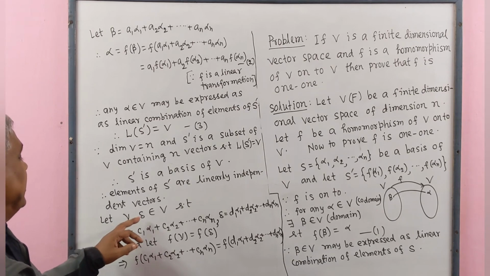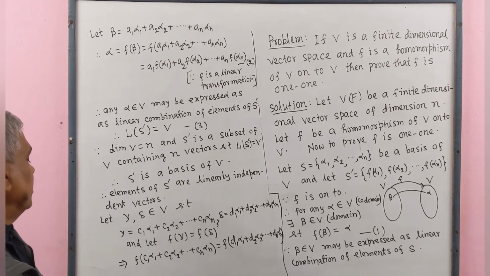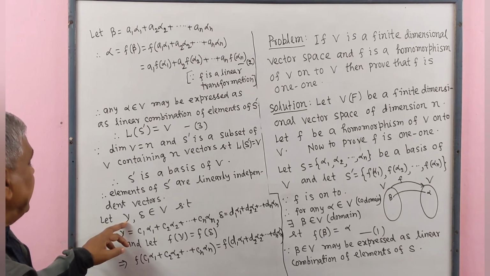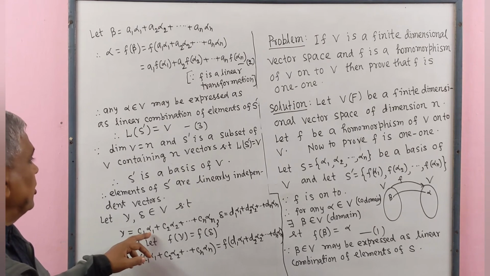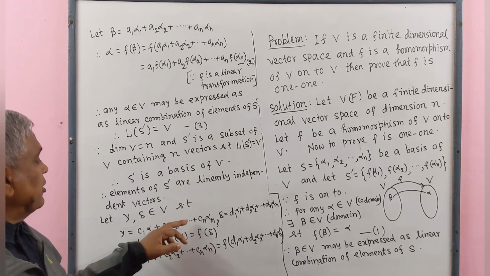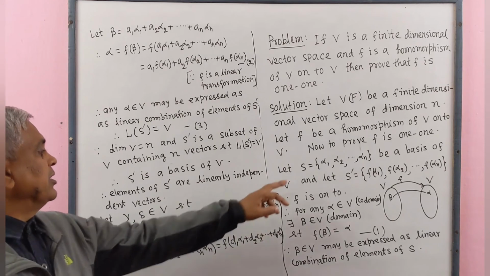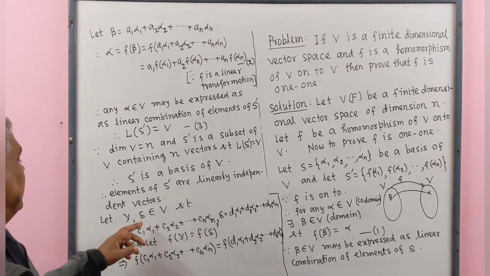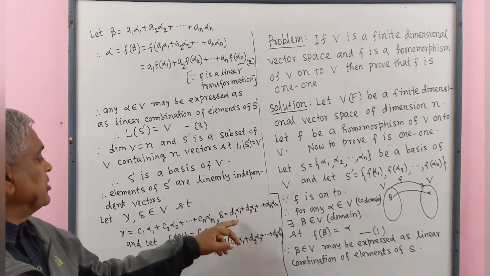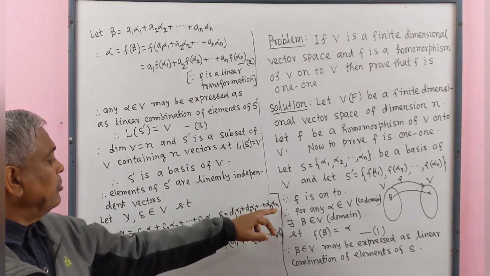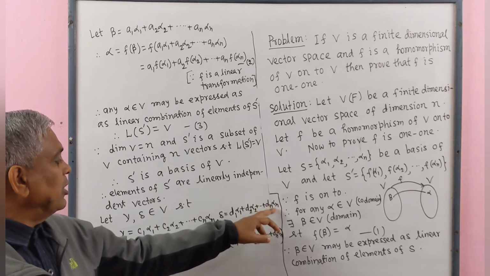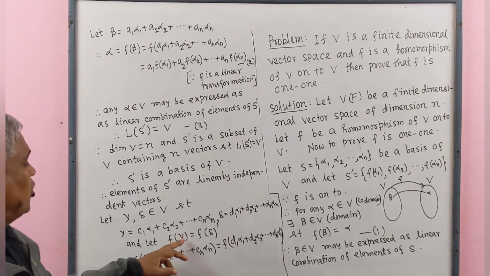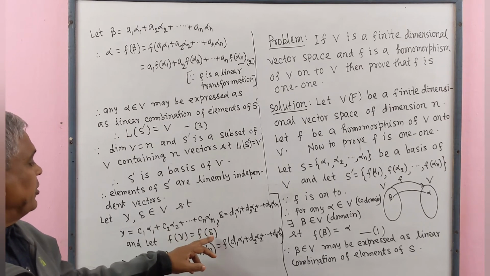Let gamma, delta belong to V. Therefore gamma can be represented as a linear combination of alpha 1, alpha 2, ..., alpha n, elements of the basis S. Similarly delta is represented as another linear combination of alpha 1, alpha 2, ..., alpha n. And let f of gamma equal to f of delta.